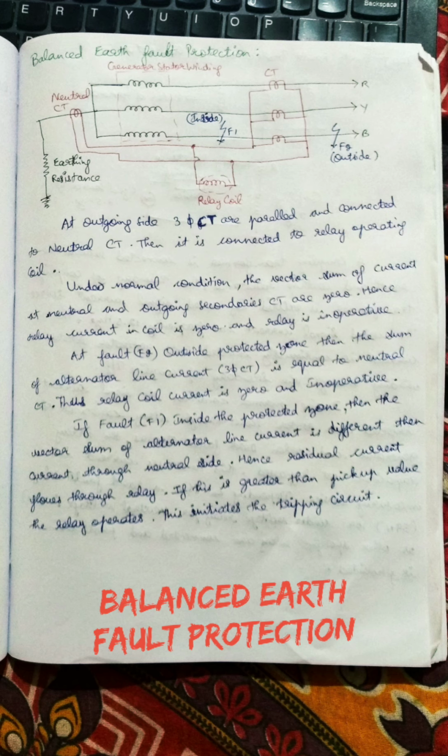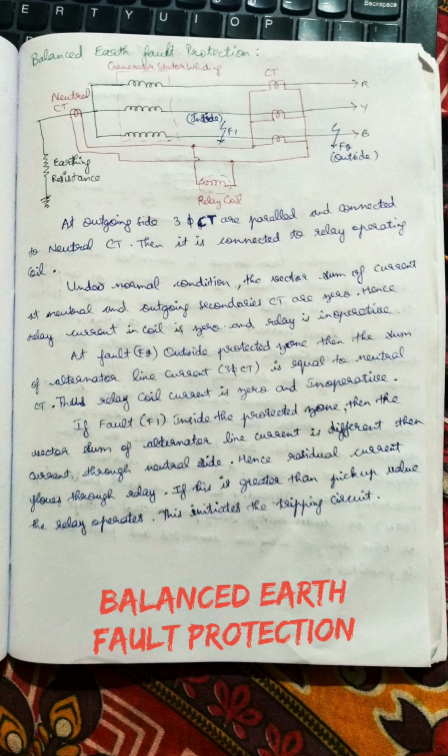So whenever the fault is outside your zone, in the sense that it is an external fault and not an internal fault, at that time the sum of your generator line currents will equal your neutral current. So at that time also the relay will be inoperative, because the relay coil current is much less than your set value.